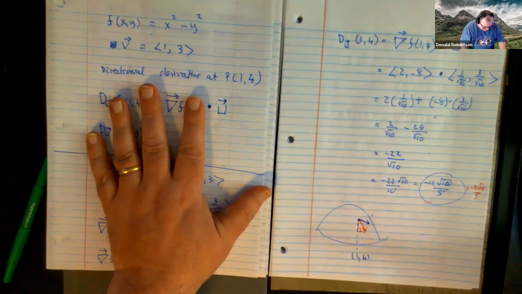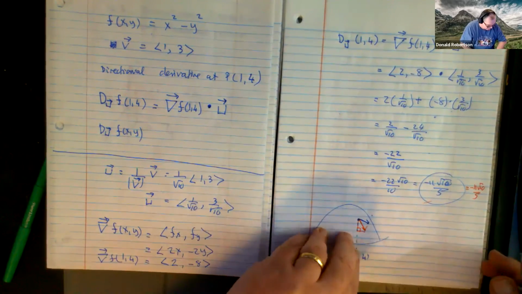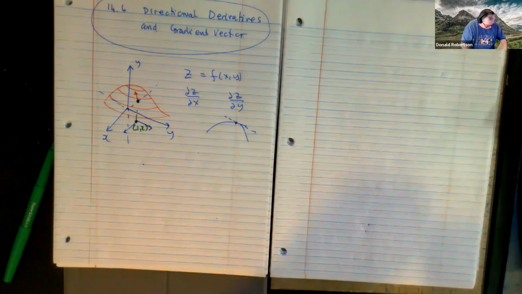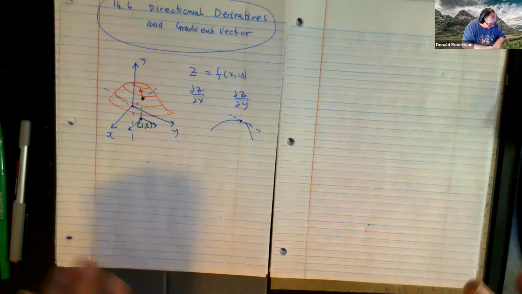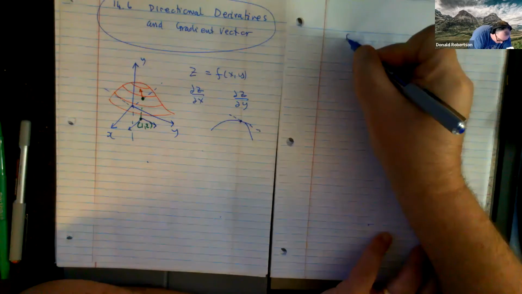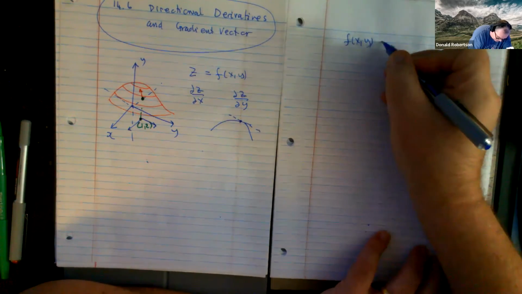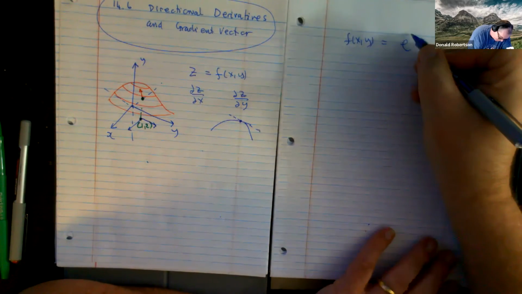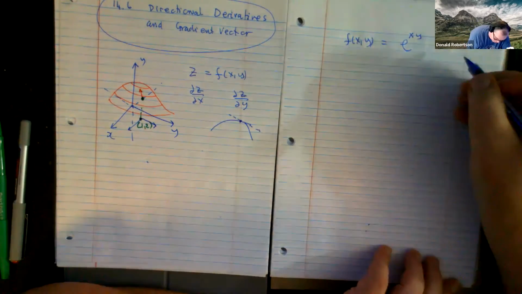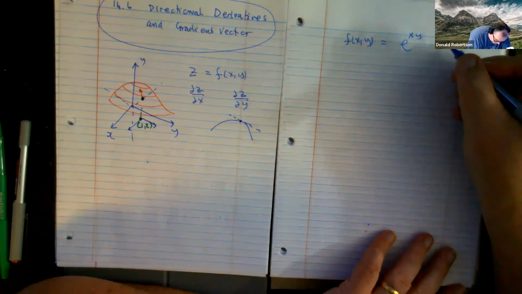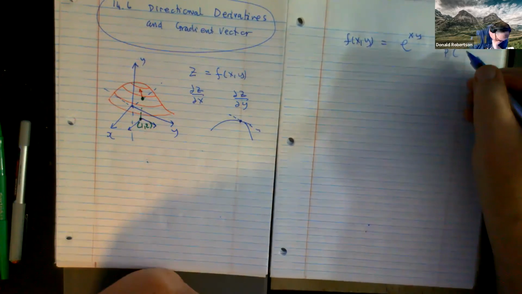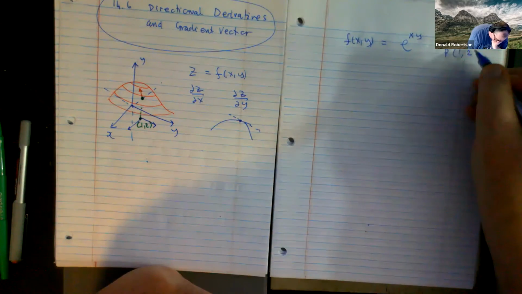Then we should do another one of these and then do an angle one, right? So I'm going to, again, we're only going to be dealing with 2-dimensional vectors, you know, 3-dimensional surfaces, but 2-dimensional vectors. Let's have a function, and it's going to be e to the power of xy. And we are interested in what this function is doing at the point 1, comma 2.